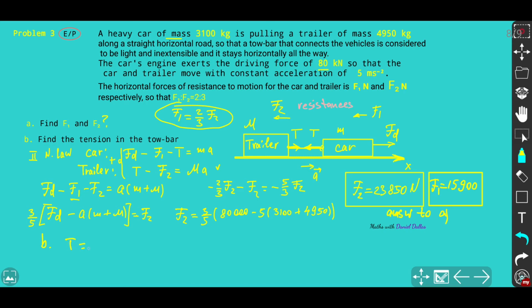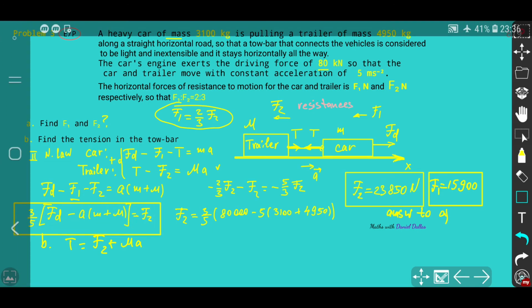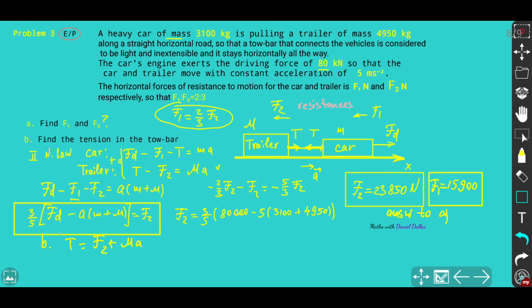That's the final formula for tension. So using again the second equation, we can calculate tension as simply F2, 23,850, plus capital MA. It's going to be equal to 48,600. So that's the tension force that we ask about in question B.